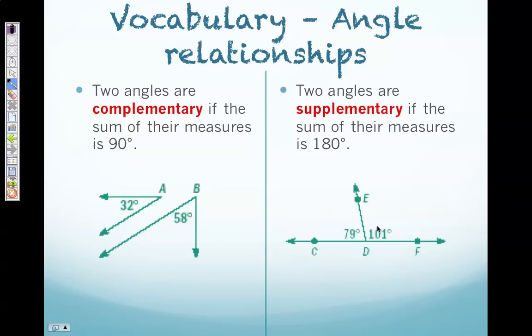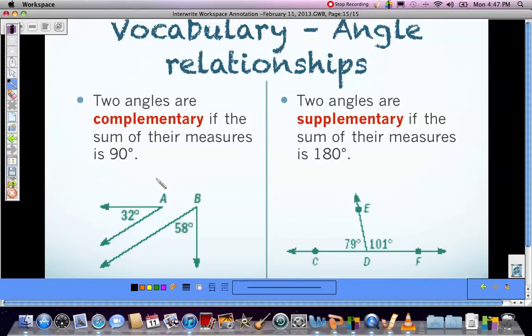And while we're on this example, let me just explain how some angles may be notated. Here, you have angle A and angle B. This is how you would notate these angles. Over here, we don't want to just use angle D. You want to use all the points of that angle.